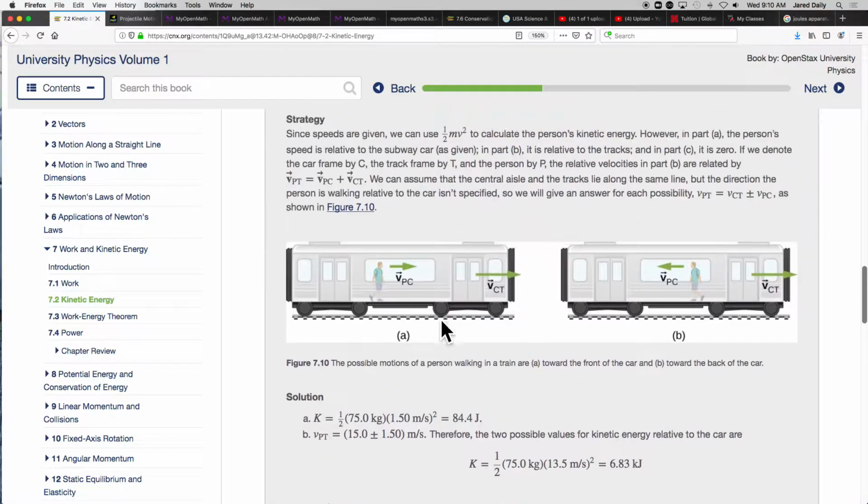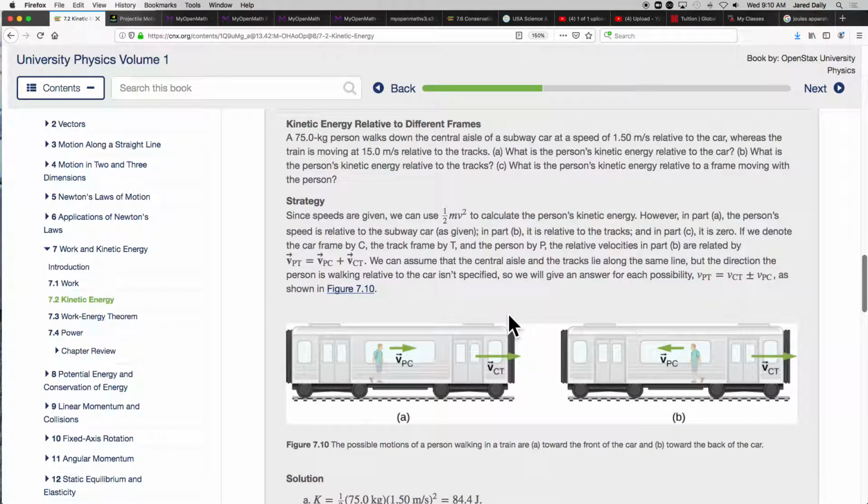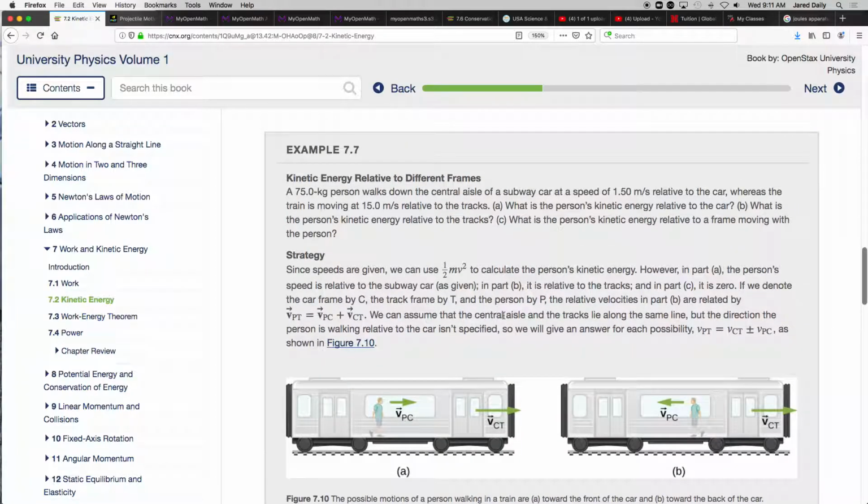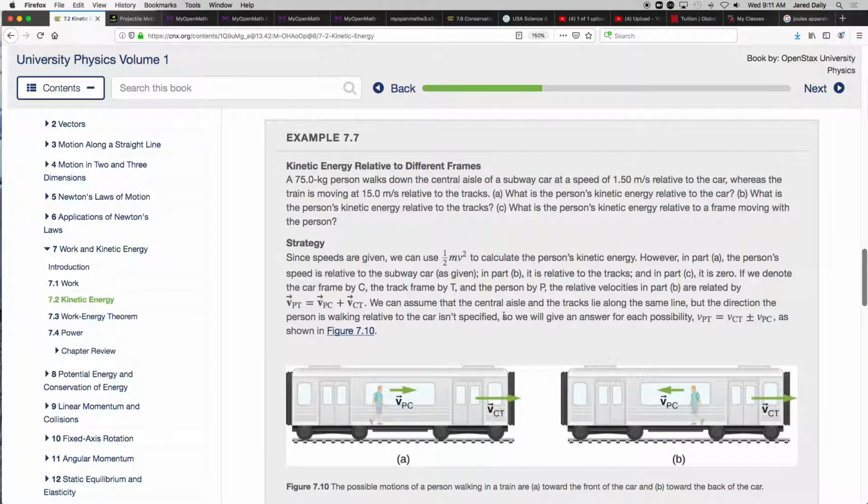You can also deal with relative kinetic energies. Here they do an example of this we didn't really talk about in the last section, where you still have the classic relativity equations. If you're walking in the same direction as the frame of reference that you're in, for example, then you have to add those velocities together to get the total kinetic energy of the person who's walking on the train.